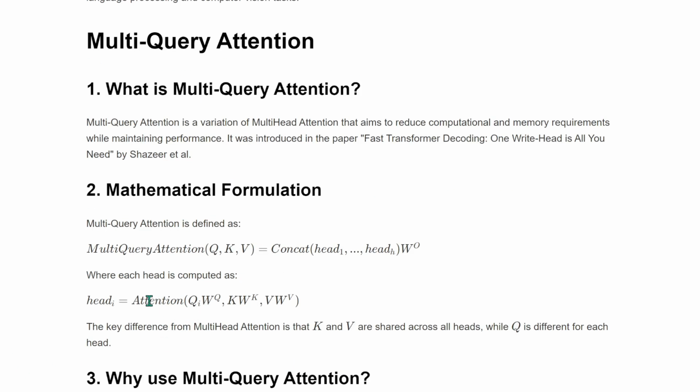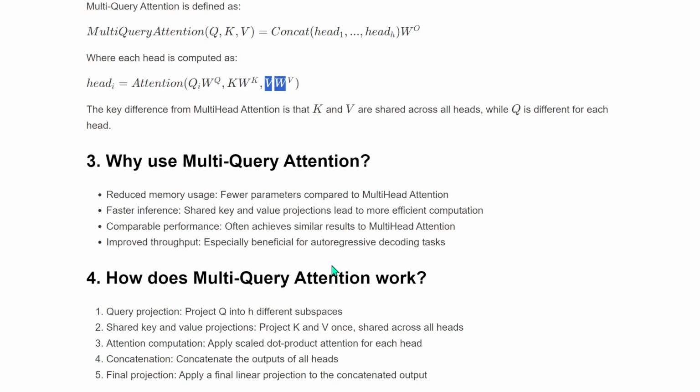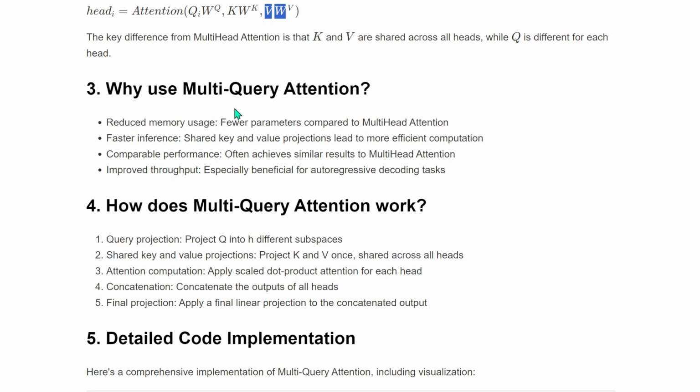So here you can see the input for attention head 1 will have query 1, something like that. But the key and value always remain the same for every attention head. So why should you use this? It will have reduced memory usage compared to multi-head attention. It will be faster to infer because you don't have multiple keys and values.